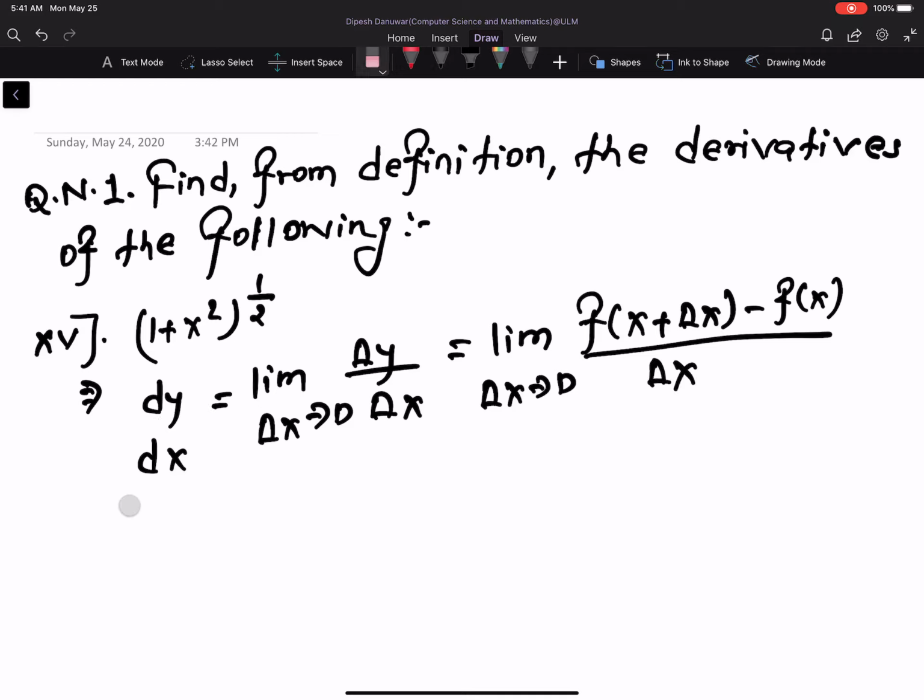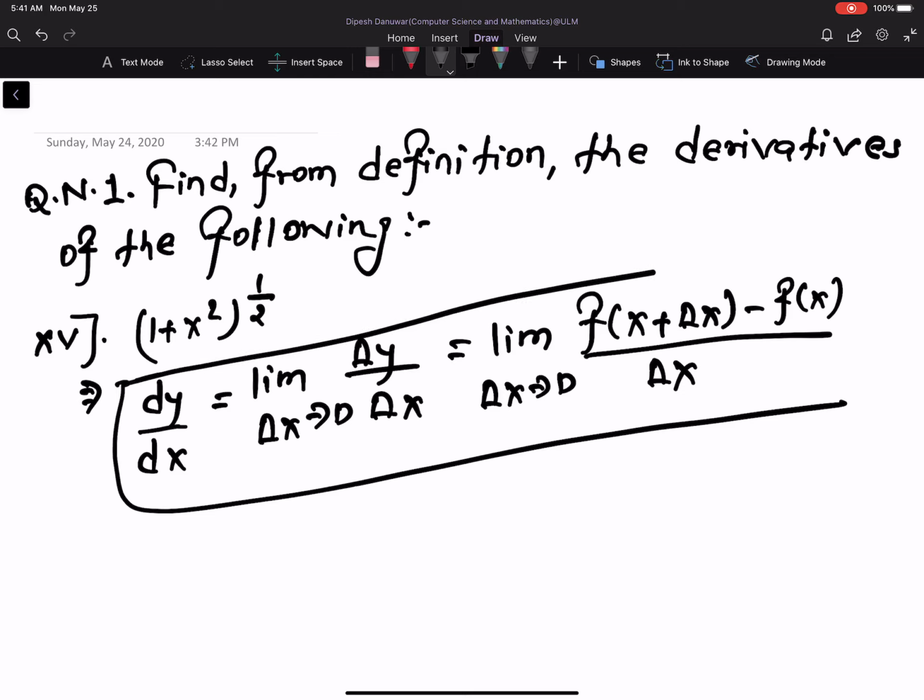So this is your definition of derivatives in mathematical form.